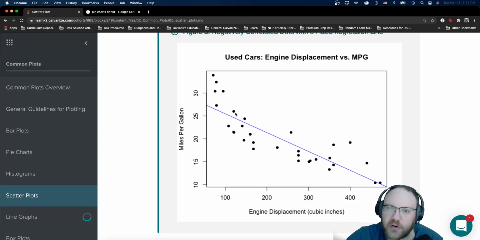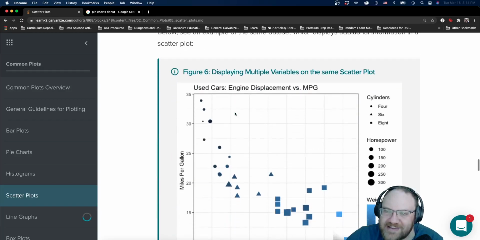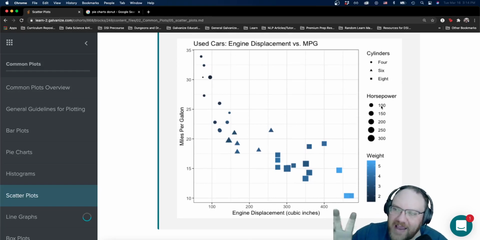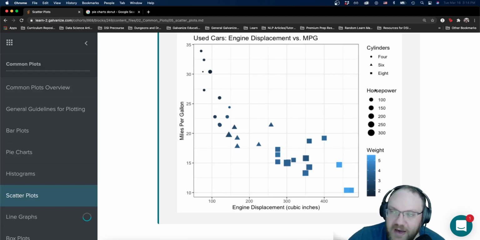We can express all of those things in this same plot by using different shapes for the number of cylinders, by adjusting the size of the point based on the horsepower of that engine, and by looking at the weight of the car on a color gradient.